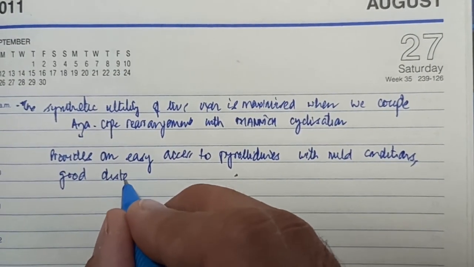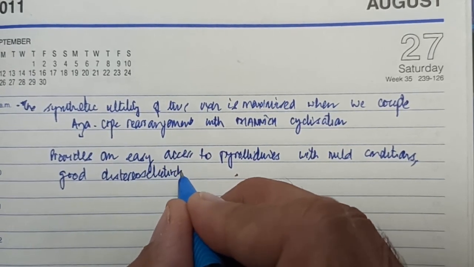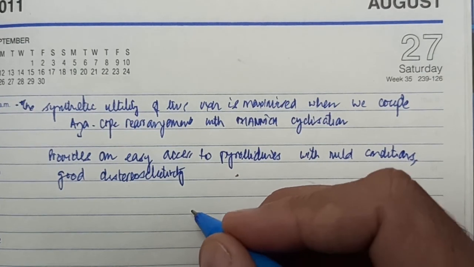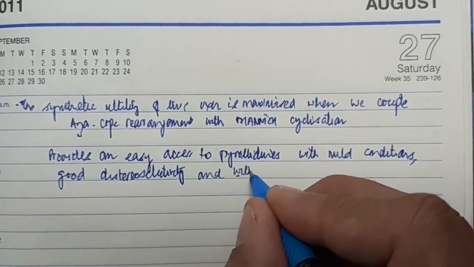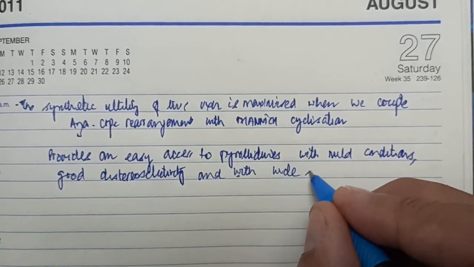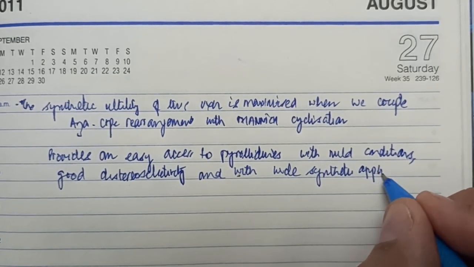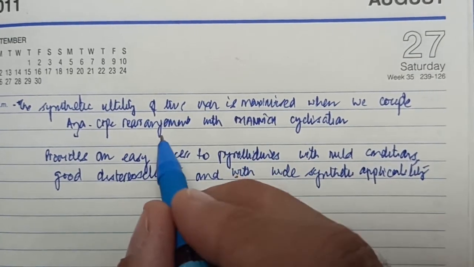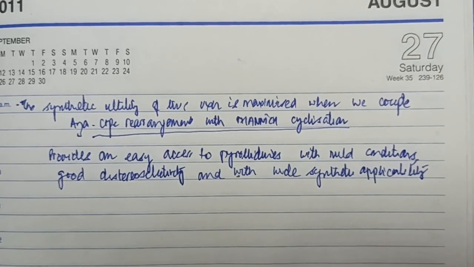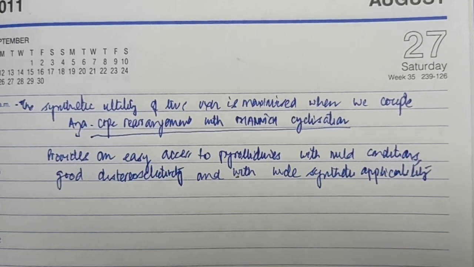That means there is stereochemical control in this reaction, and also it has wide synthetic applicability. So a number of researchers have coupled the azacope rearrangement and Mannich reaction to synthesize desired heterocyclic compounds with a lot of ease.